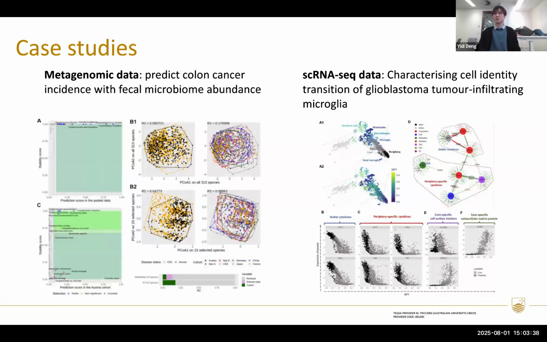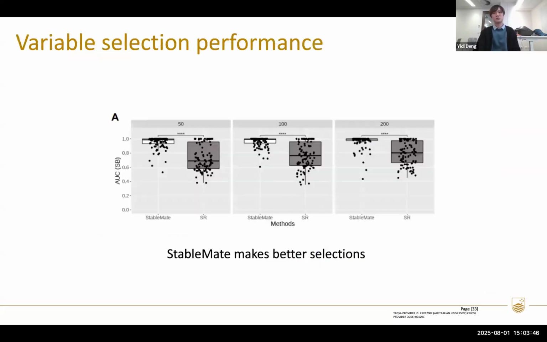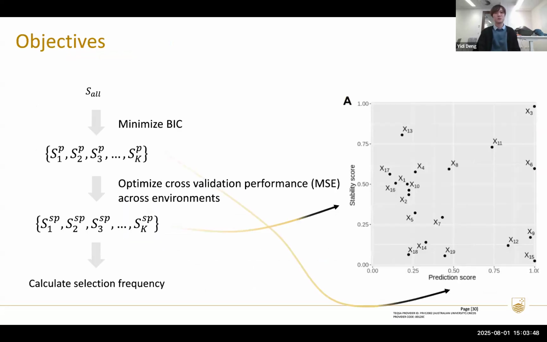So in step one, you said you randomly select a set of predictors from the entire set of predictors. And then you drop some predictors based on the minimized BIC of that set?